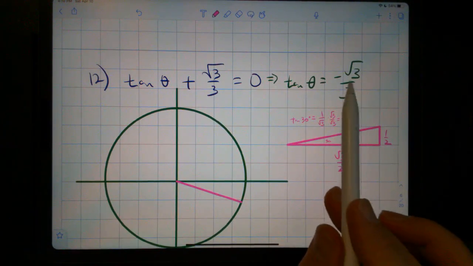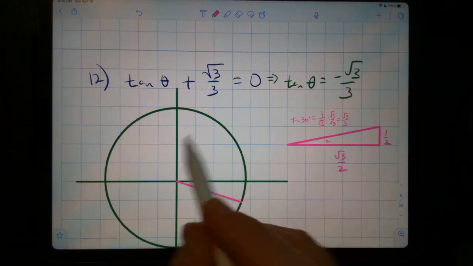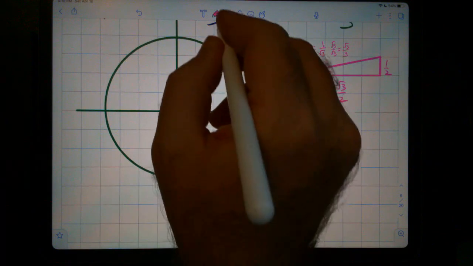Okay, that it is negative means it will be in this quadrant here and in this quadrant here.